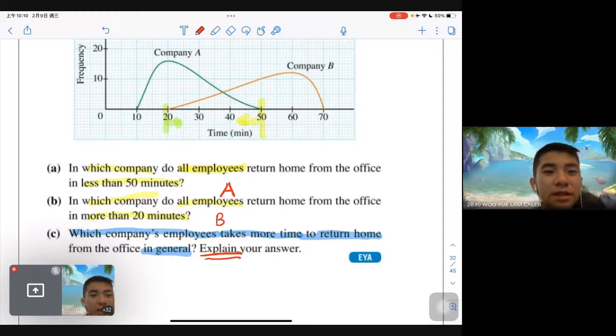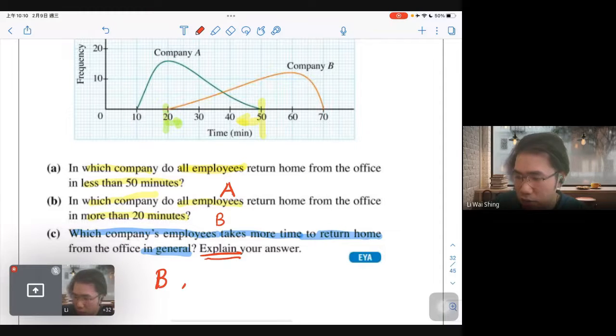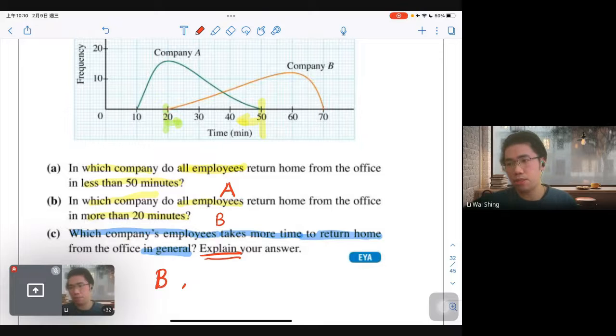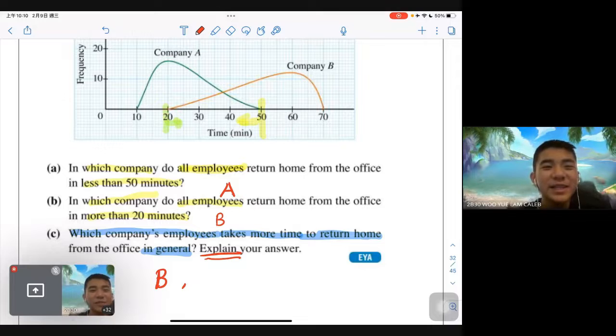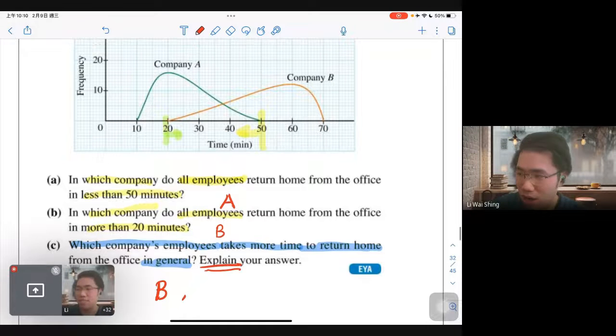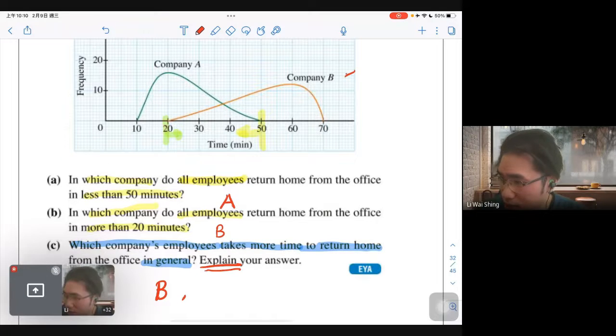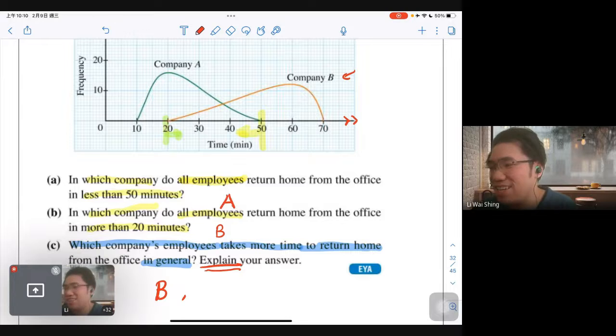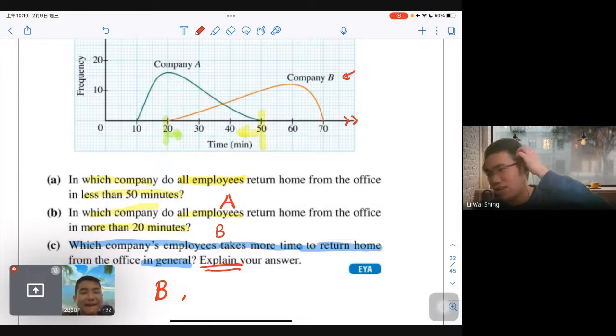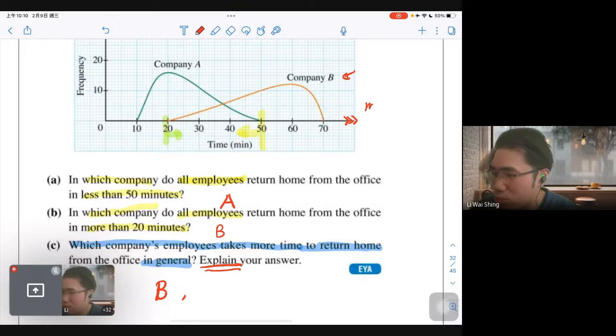B. Why do you think it's B? 點解你會覺得係 B 嘅？ Because the line of B is brighter than the line of A. Oh yes, that's a good one. Because the line in B is brighter. If you lie in the brighter space, then okay. So good answer. Okay, thank you, Caleb. If it is brighter, you know that it takes more time.